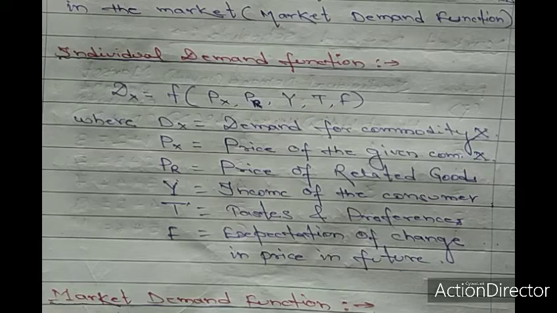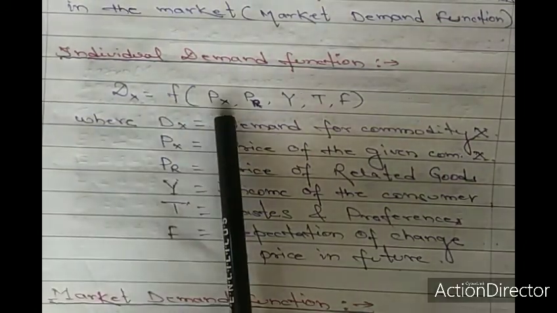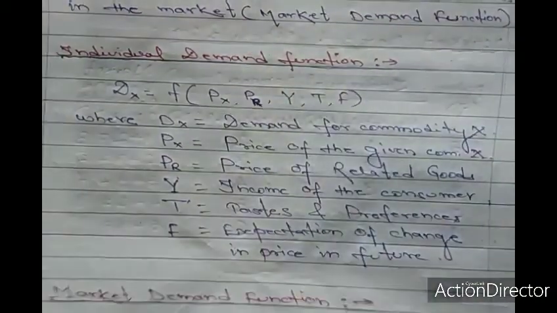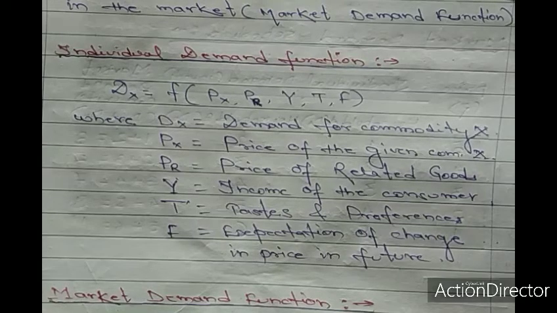So it is expressed as you can see on the screen: Dx is a function of Px, Pr, Y, T, F. So what does it mean? Please recall the video on determinants of individual demand. In the same way you can understand it easily.